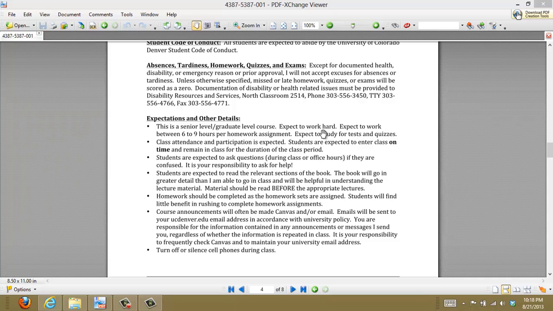But if you really want to get the maximum benefit out of the homework, then you really should start the homework assignment shortly after it's assigned, work through it slowly, confidently, and that way if you have any questions, you can talk to me, you can talk with your classmates, and it really just helps you to retain the information that much better. If you're rushing through things, you're liable to make mistakes. You're probably not processing and really retaining the memory of what you've done. You're just trying to get a grade, and that's not going to help you in the long run.